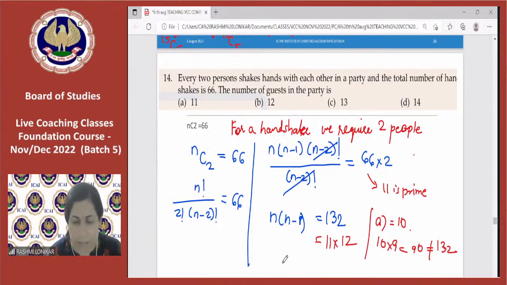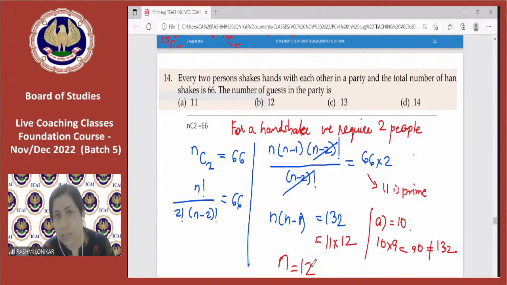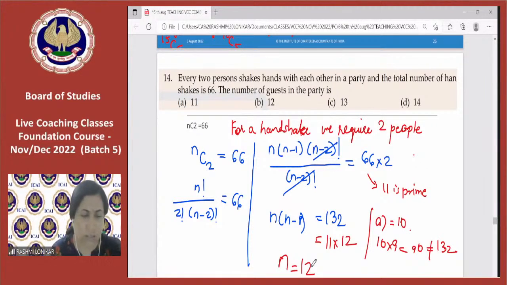Here n is equal to 12 because 12 into 12 minus 1 is giving me 132. So 12 into 11 is 132. So what is the value of n? n is 12. So answer here will be 12.